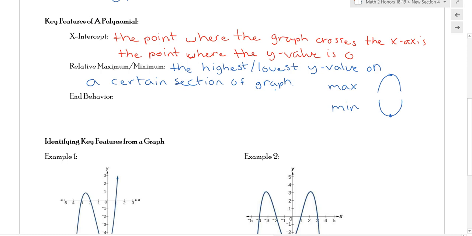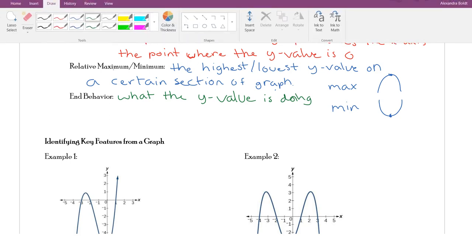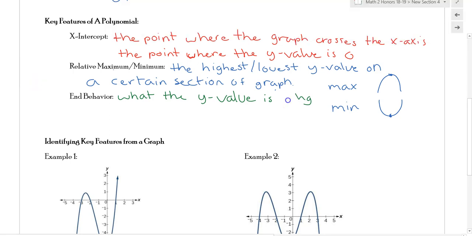All right, and finally we have what we call our end behavior, and it's what the y value is doing at the ends of the graph.